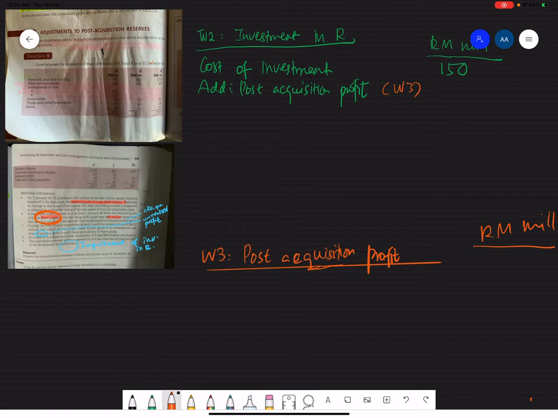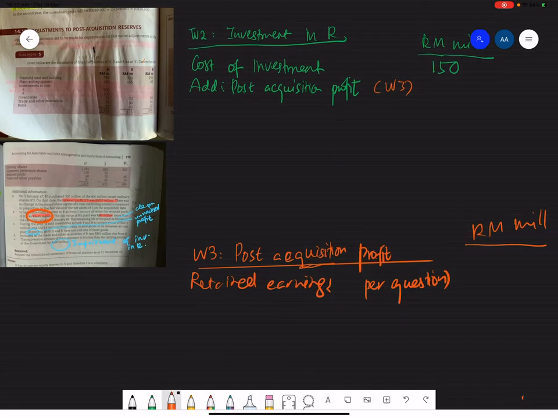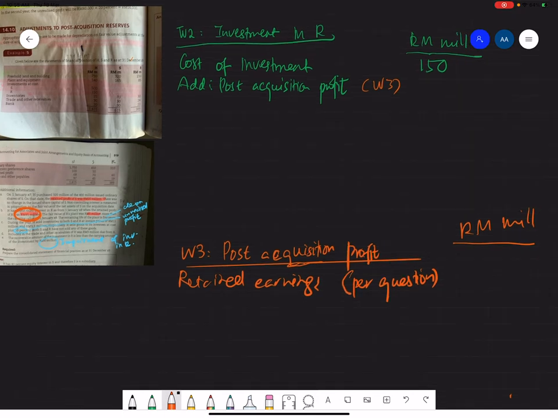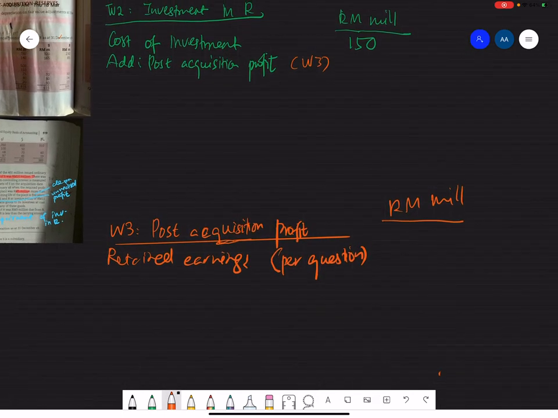So we start with retained earnings per question. Tengok dalam soalan je. Retained earnings per question.